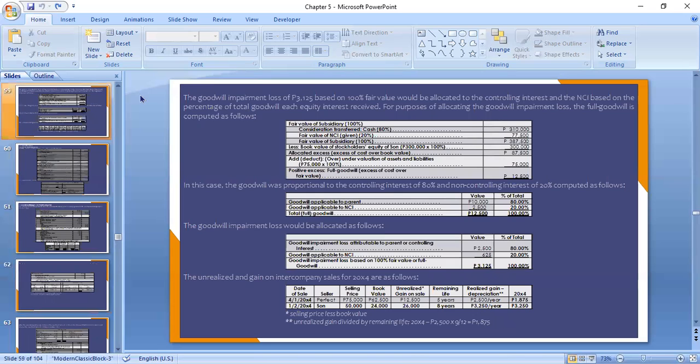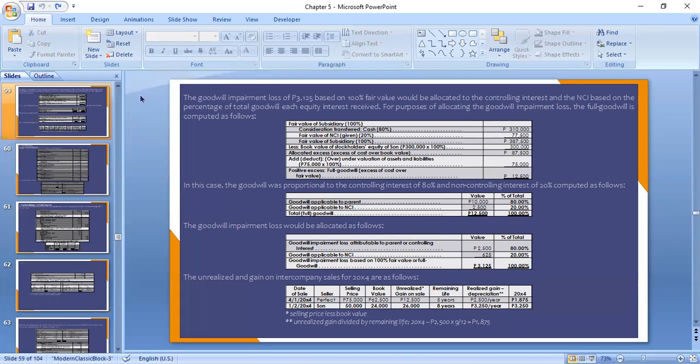So we have the goodwill impairment loss of 3,125 based on 100% fair value, to be allocated to the controlling interest and non-controlling interest based on the percentage of total goodwill each equity interest received.